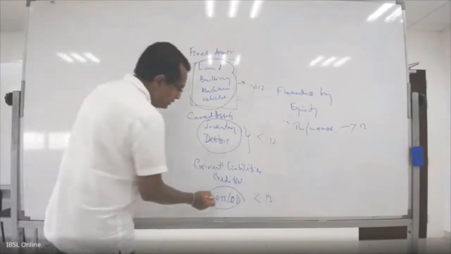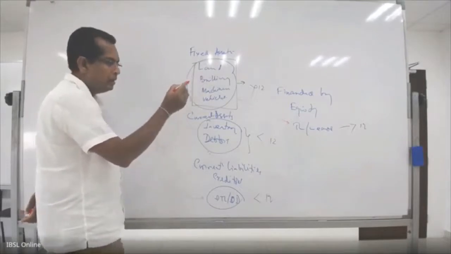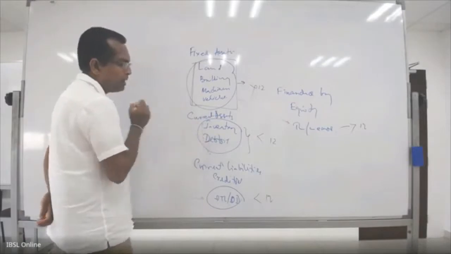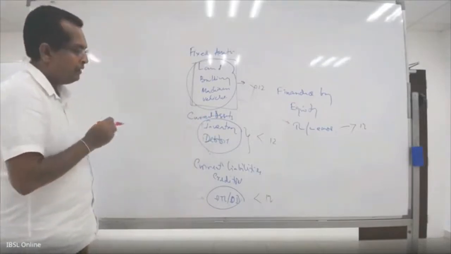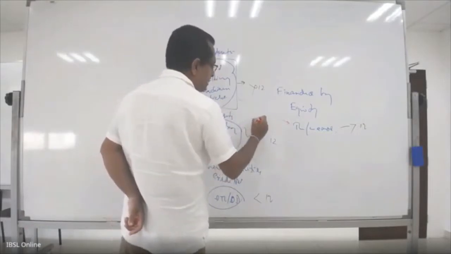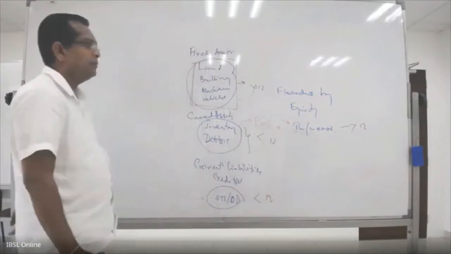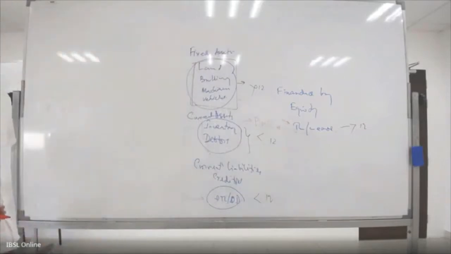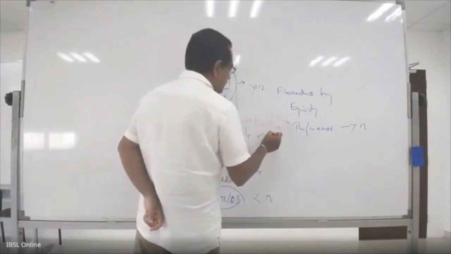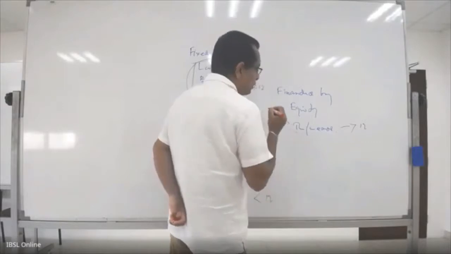We will not use this to finance this part, or this one to finance this entire part. We may be financing part of this, which is the permanent working capital part, through this, but not the entire amount. When we are financing the permanent working capital also, we are not looking at a very long tenor.